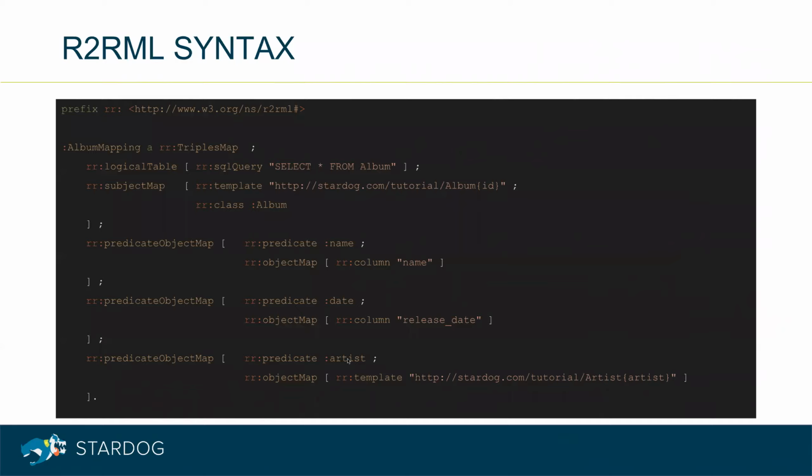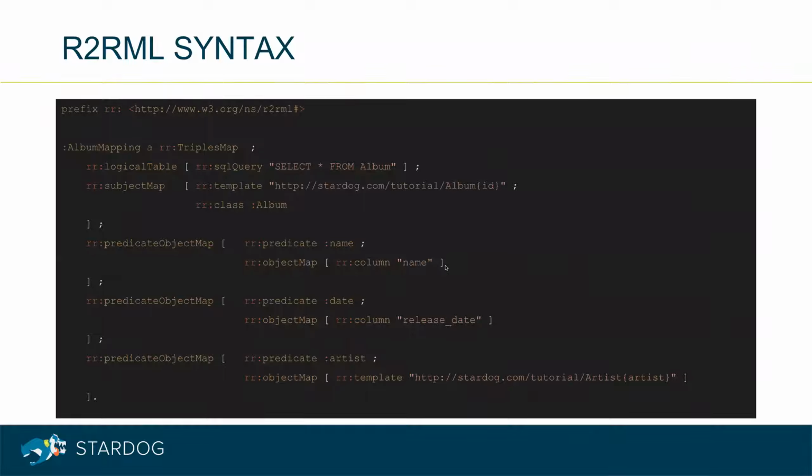So the foreign key artist column is mapped with an IRI template, so that becomes an IRI node. The other columns will become literal values, and the types of those literals will be determined by the SQL type of these columns. So SQL dates become XML Schema dates used by RDF, varchars become string literals, and so on.